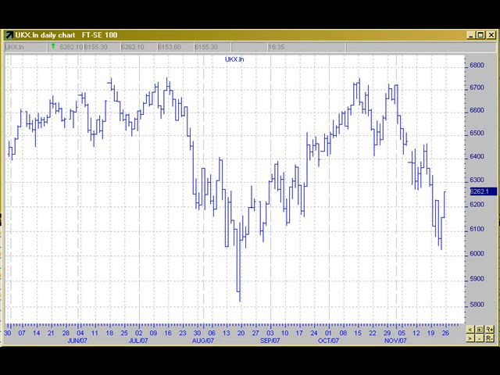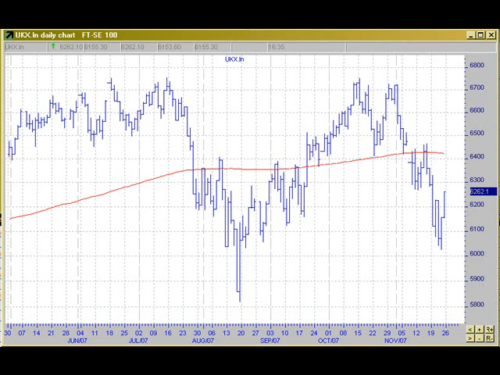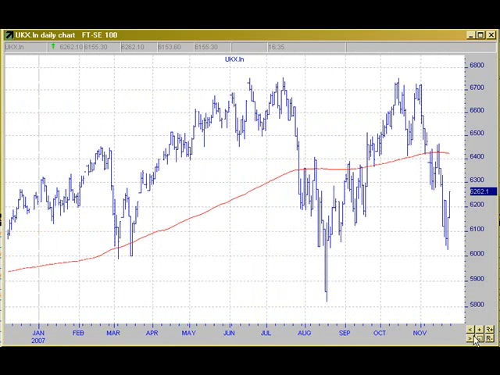So we go to indicators, new indicator, moving average, 200-day. Yeah, the 200-day moving average is widely followed, and just condense the chart a bit. You'll see that again, a lot of buying came in here on a penetration below the chart.